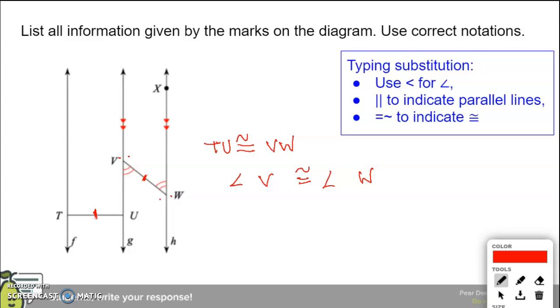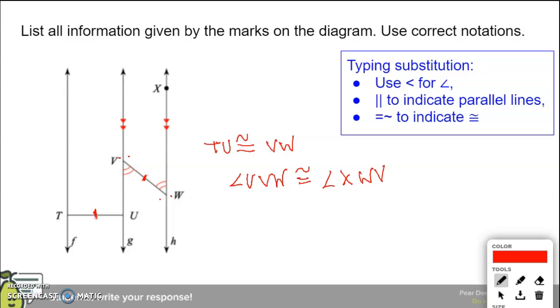So we always start with a ray, and the vertex of the angle has to be in the middle. So it could be UVW, or you could say WVU. So I'm going to do UVW is congruent to, okay, to indicate this angle that we know to be congruent, we can say XWV, or alternatively you could have said VWX would be also correct.